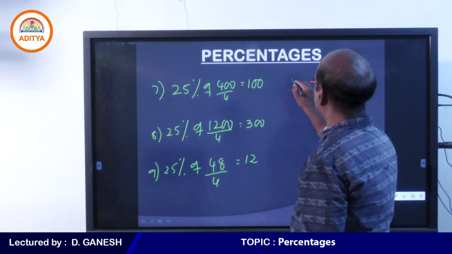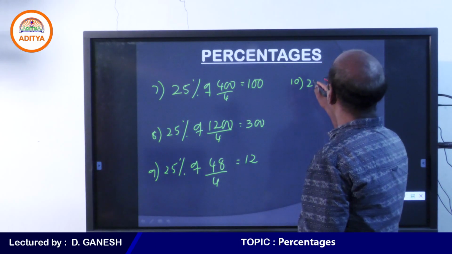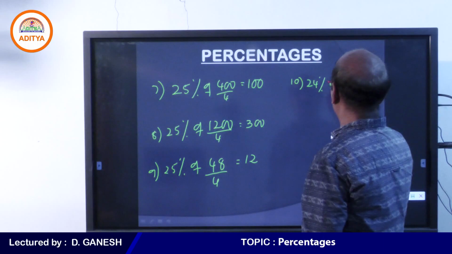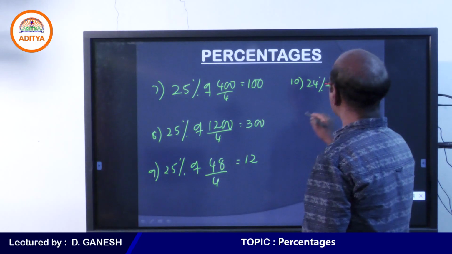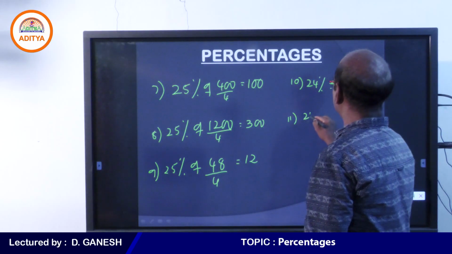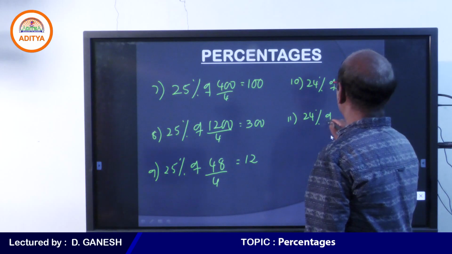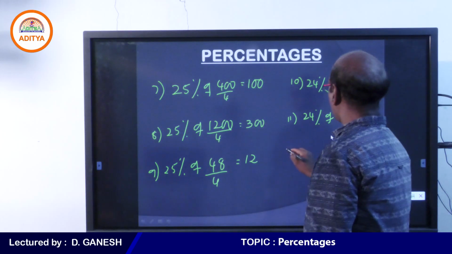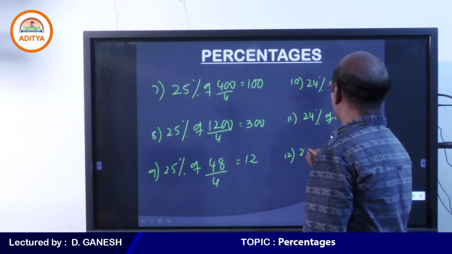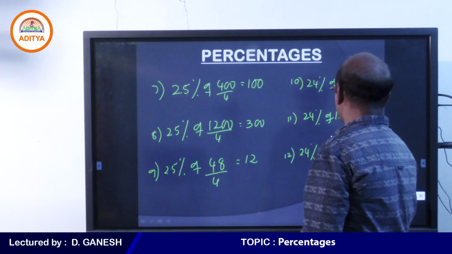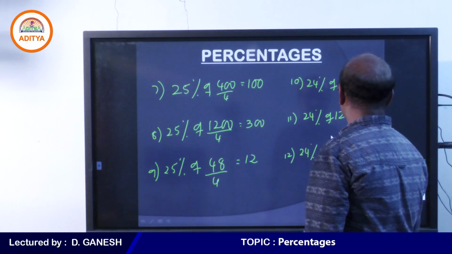Now please answer these questions, my dear students. Come on. What is 24% of 400? Come on student, what is 24% of 1200? Come on, what is 24% of 48? Make it fast.